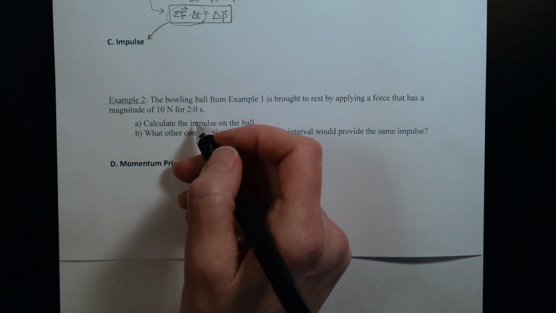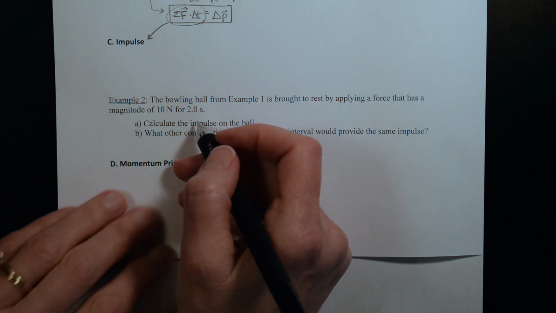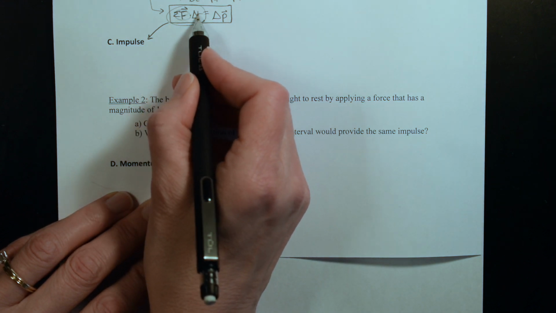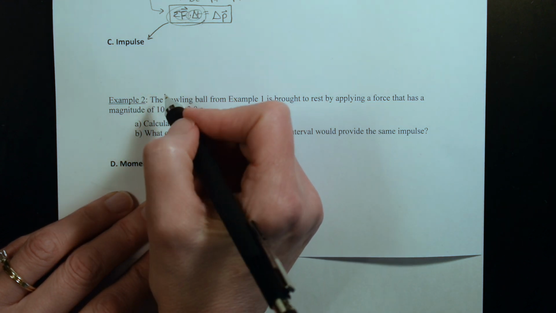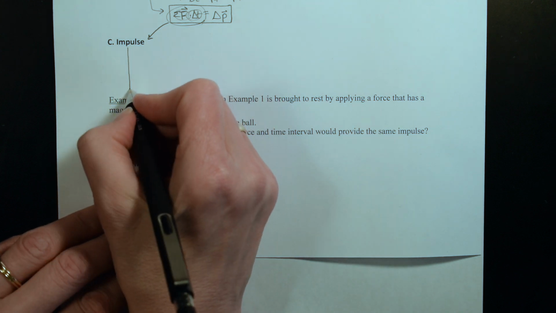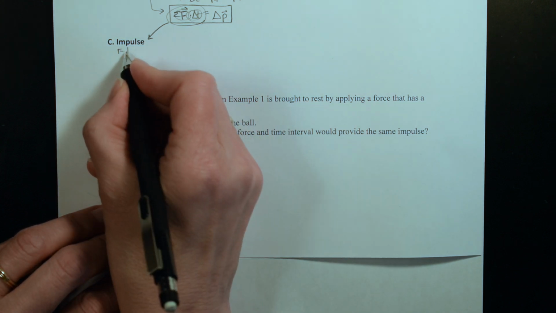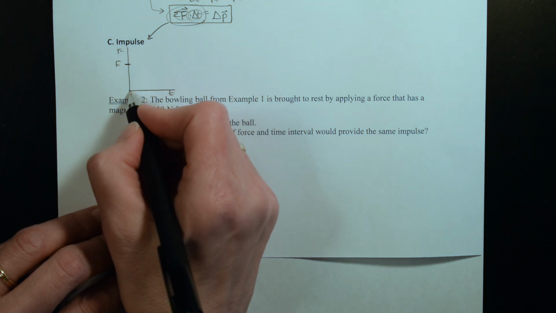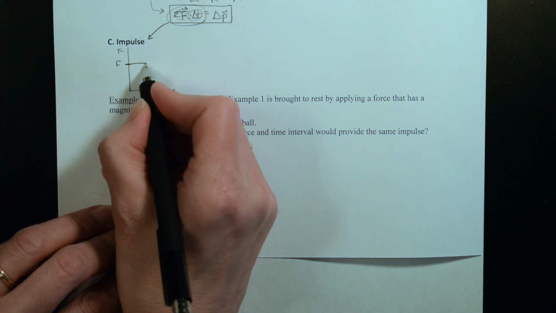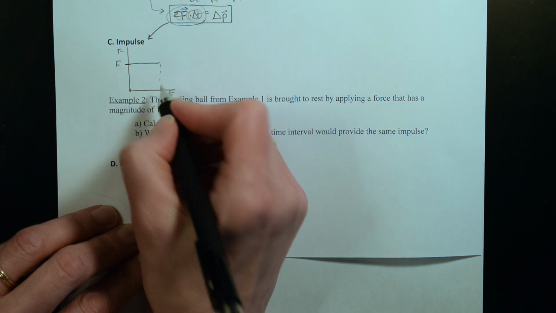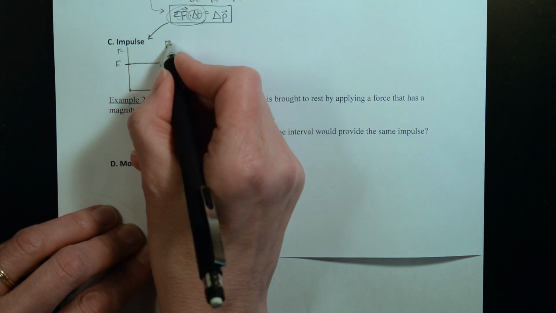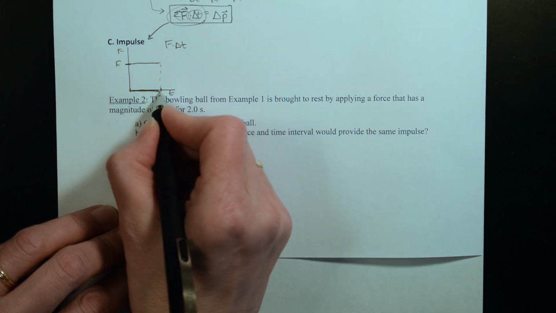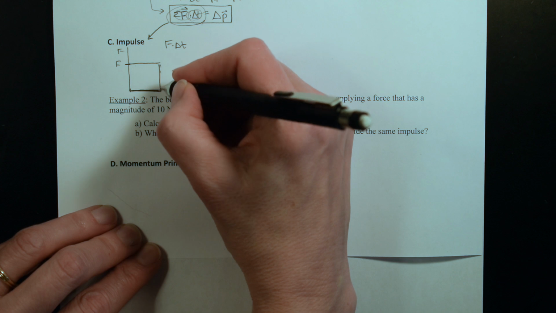So the best way to think about impulse is, basically, it's the product of the force times the time interval. And the best way to think of it is actually as the area of the force versus time graph. So if you had a constant force that was applied over some time interval, you can see that force times delta t, well, delta t would be this part of the graph and force would be the height.